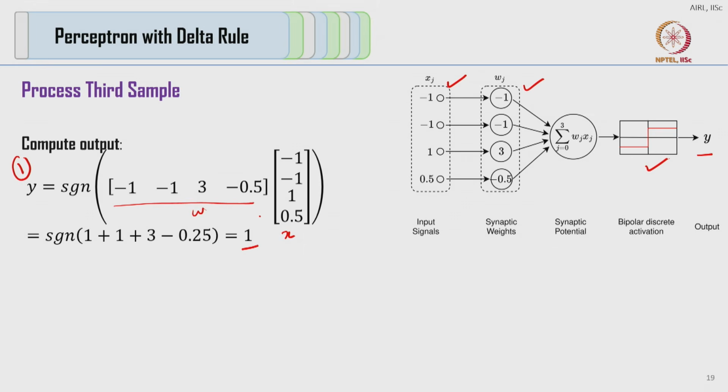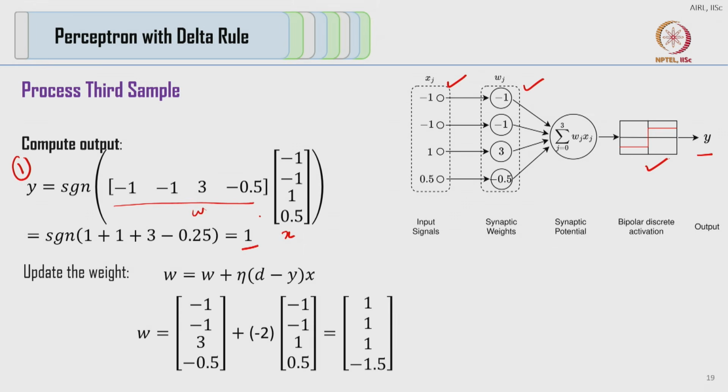Since we have computed the output, let us go to the second step, which is delta W. Now we have merged the second and third step, which is essentially we are writing the final update, which is given by W. So W is W plus eta times d minus 1 times x, which is -1, -1, 3, -0.5 plus this number, which is eta times d minus 1 times x.